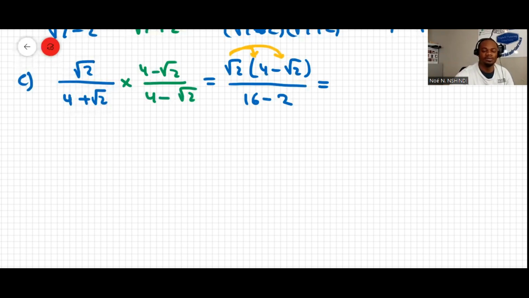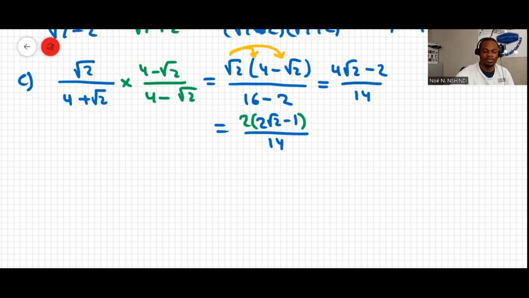This times 4, and this times that, is 4 root 2 minus 2, all over 14. And then we can even simplify this, because we can take 2 as a common factor, and this will be 2 root 2 minus 1 over 14. Then we can simplify, left with 7, and that will be 2 root 2 minus 1 over 7.